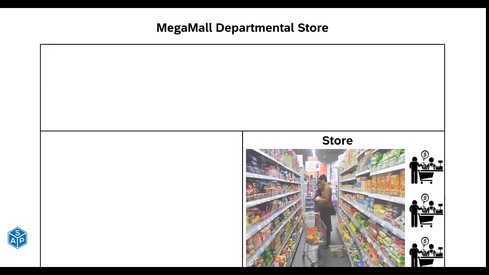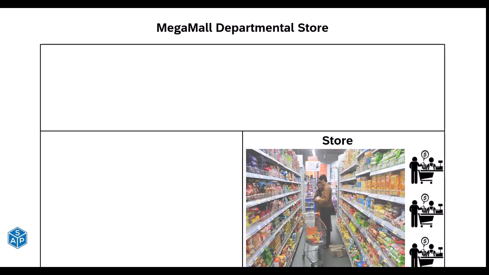They might have a big premise, for example 3 or 4 acres, or maybe 2 acres of space. So in that premise they have a ground plus one structure, and in half part of the ground floor they have their mall, the departmental store.